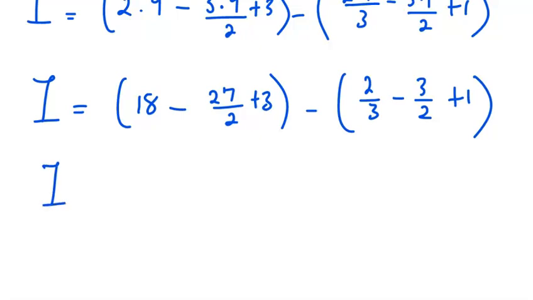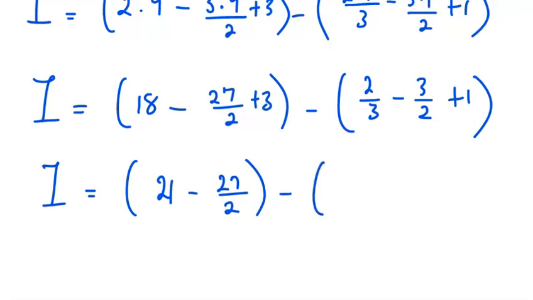Okay, so from here our I is equal to 18 plus 3, which is 21, so we have 21 minus 27 over 2, and then minus 2 over 3 minus 3 over 2 plus 1. What is that giving us? Sorry for that.